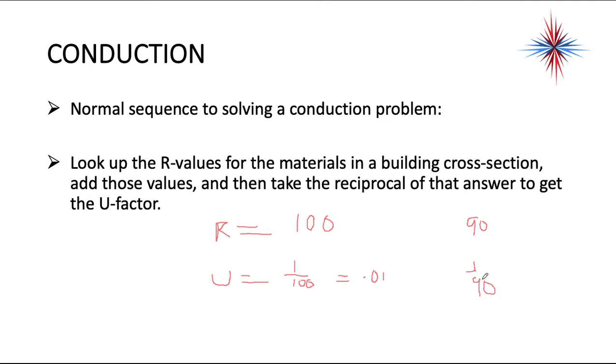Again, sorry about the writing with a mouse pointer. So 1 divided by 90 gives a U factor of 0.011, and so on. My R factor and my U factor are just reciprocals of each other. Reciprocal means take that number and divide it into 1, so 1 over whatever the number is.